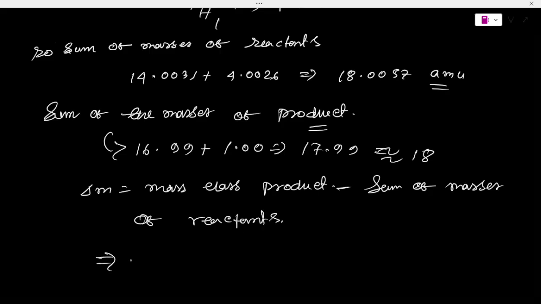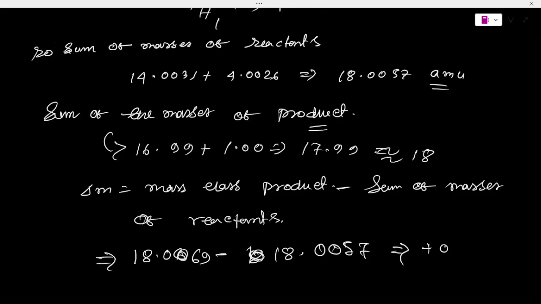It will be around 18.00 minus 18.0057, which comes out to around positive 0.002 AMU in atomic mass units.